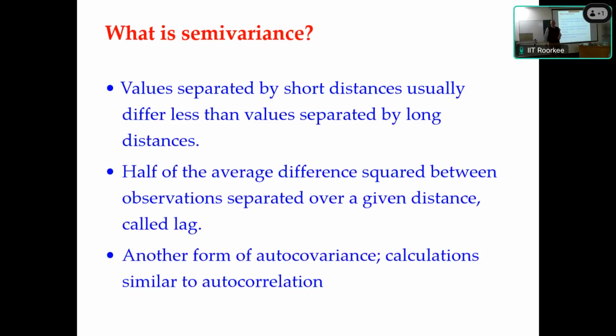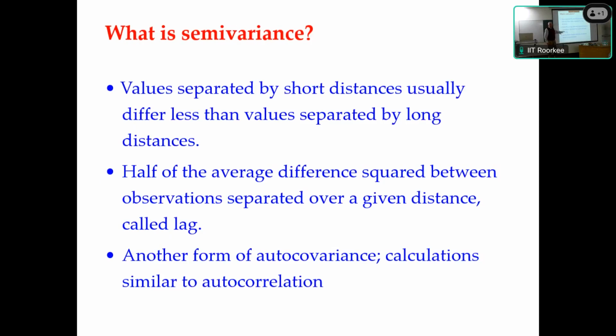Well, that sounds familiar with autocorrelation, right? In autocorrelation, when we walk down the aisle here on these tiles, we said observations taken closer together are more similar than observations taken farther apart. And in very simple terms, it is half of the average difference squared between observations separated over a given distance, called lag. So this is what the equation is.